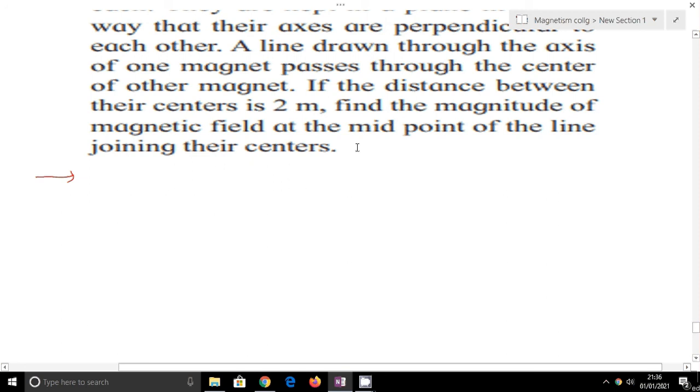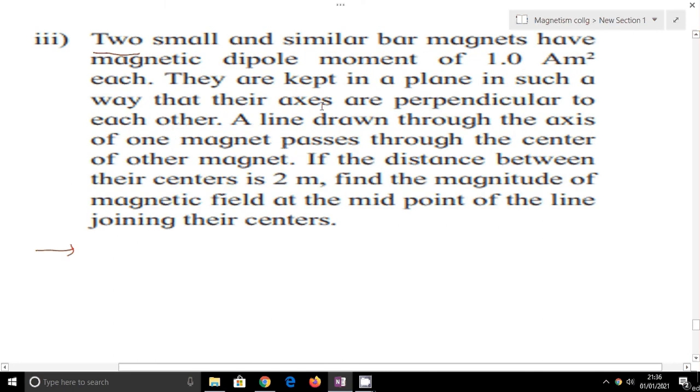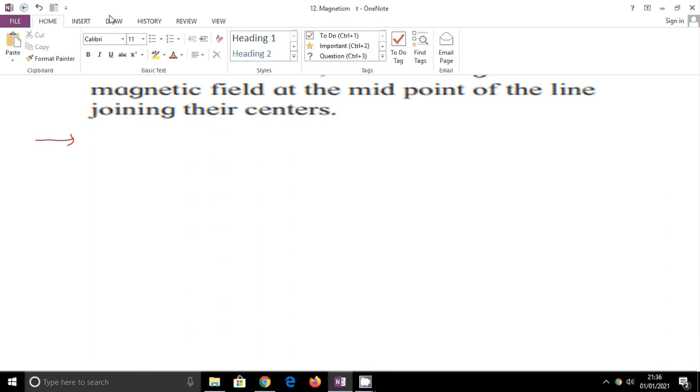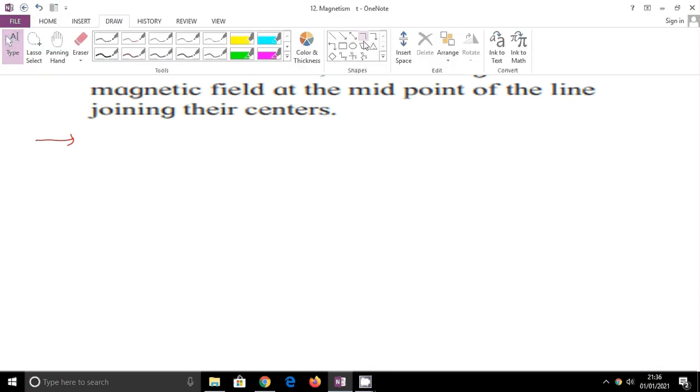It is given that 2 bar magnets are there, and the condition is that they are kept in a plane in such a way that their axes are perpendicular to each other. So we have to keep 2 bar magnets in such a way that their axes are perpendicular.